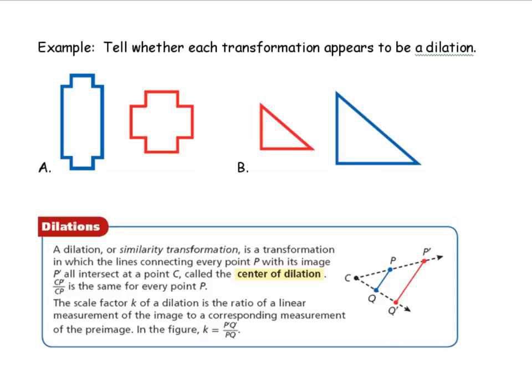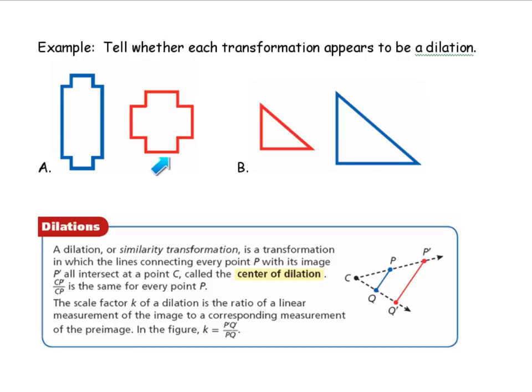Now, why don't you take a minute to figure out whether A and B are actually considered dilations. Take a look at A and B and figure out if they're dilations. Now, if I look at A, I've got the blue one here and the red one here.